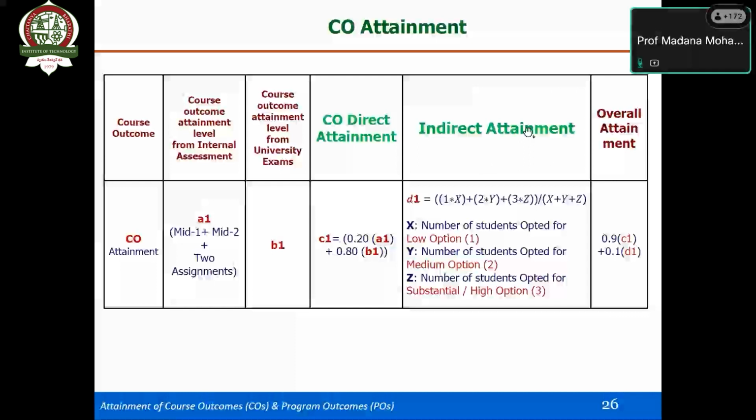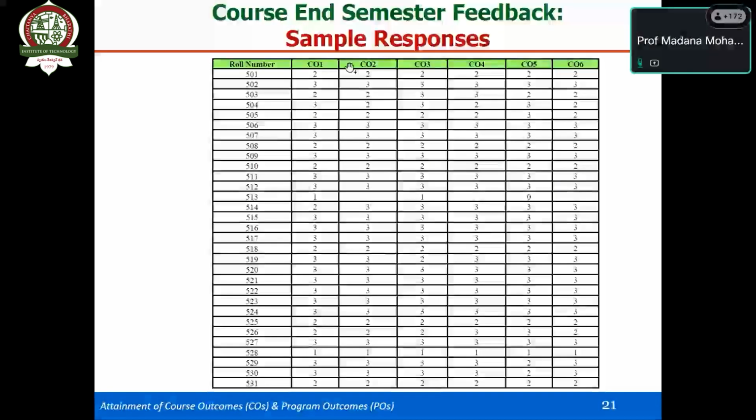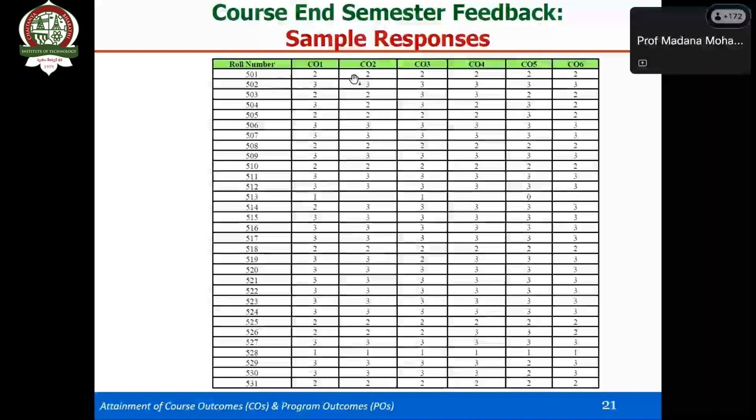Then how to compute indirect attainment of a particular course? Indirect attainment we have seen is based on the feedback form responses. Go back and check once. Here you can see the sample responses of the course end semester feedback of that particular course for all the students who have participated.